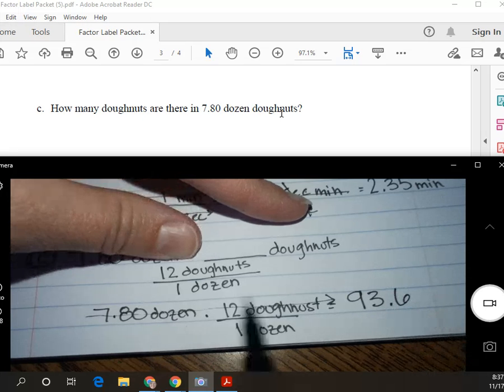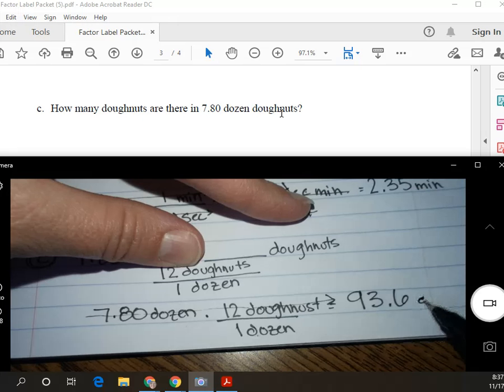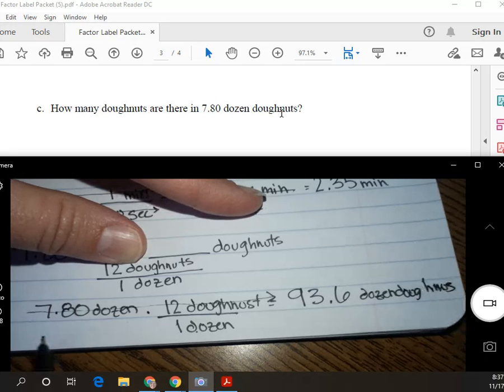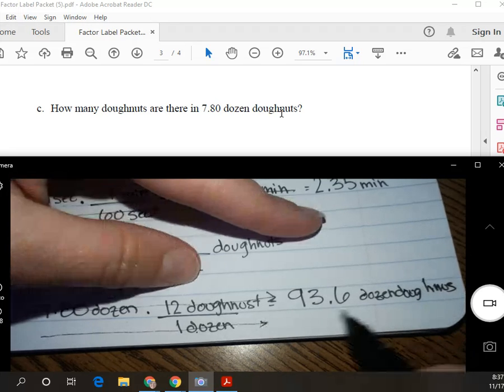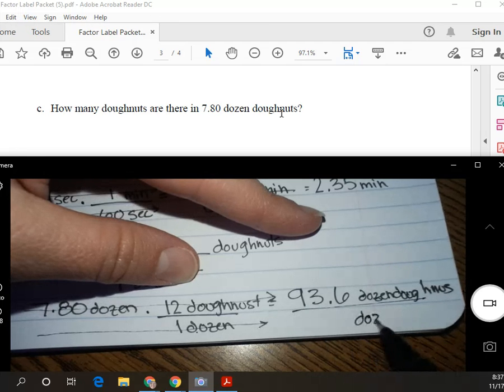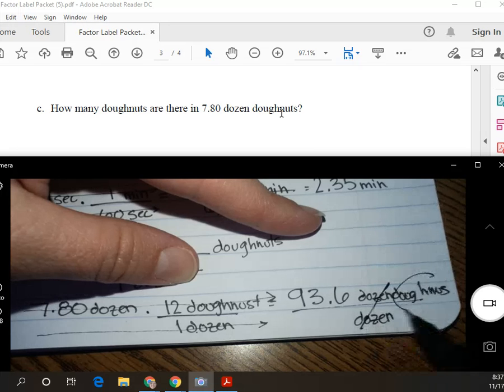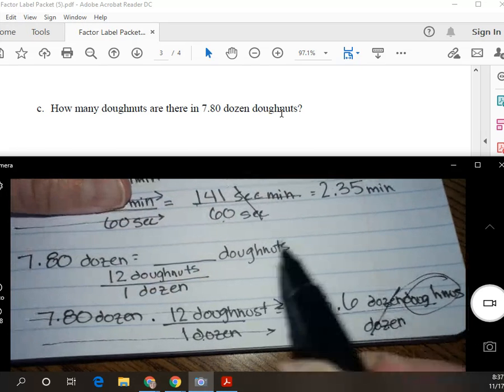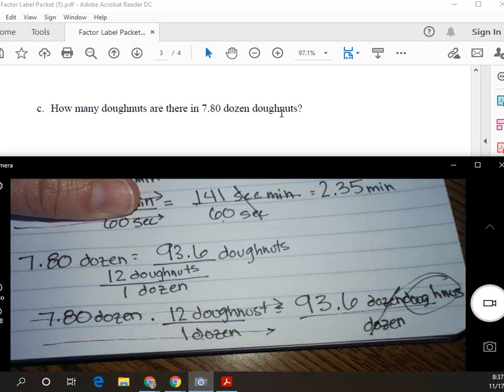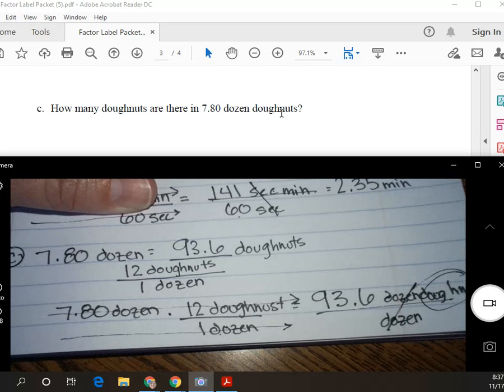Now look, dozen donuts. That one kind of makes sense when you look at it, but we go straight across the bottom. We have just one. And our dozen, that unit, is going to cancel. So we're left with donuts. So we're going to have 93.6 donuts. That's a lot of donuts.